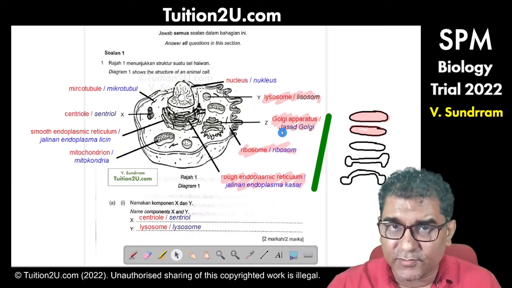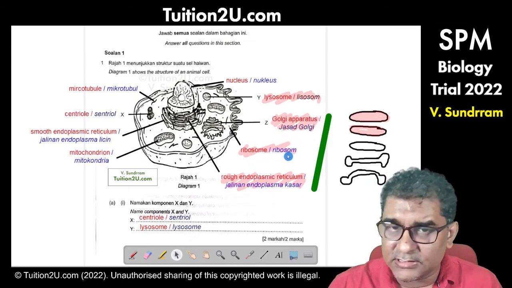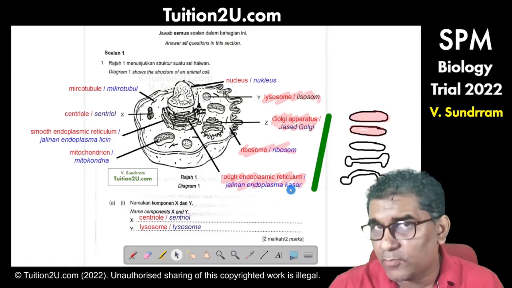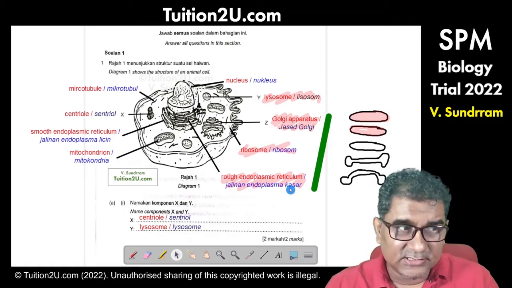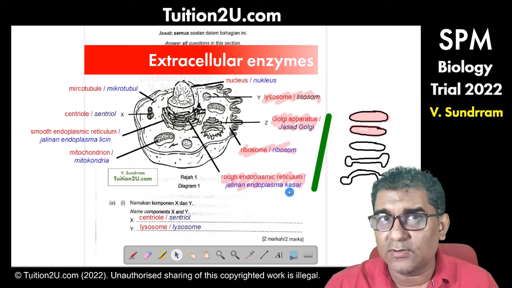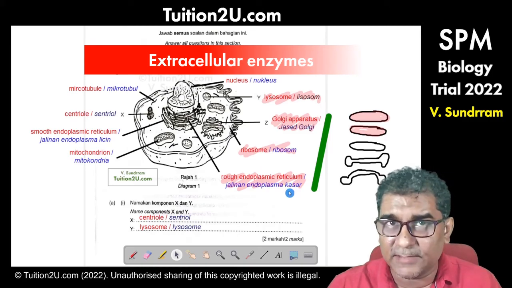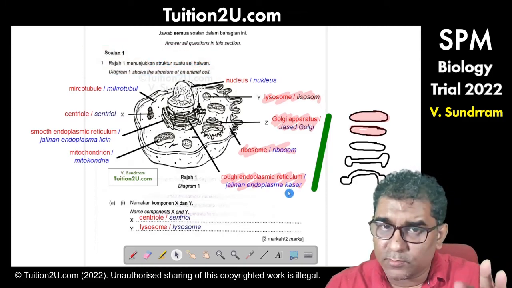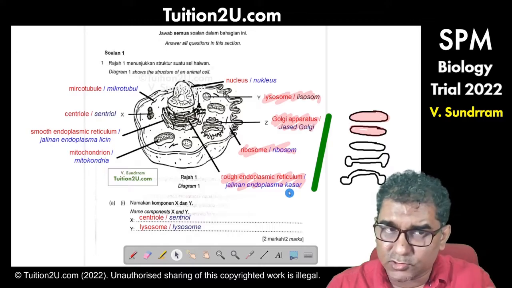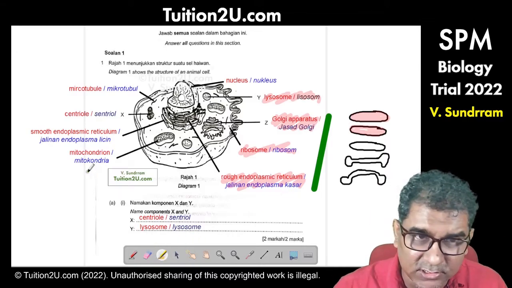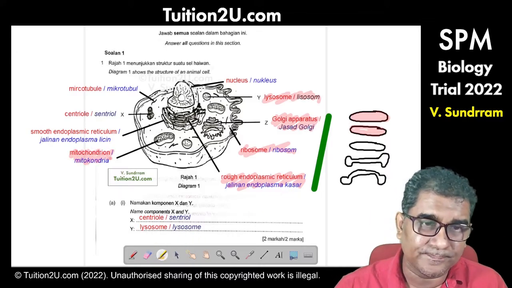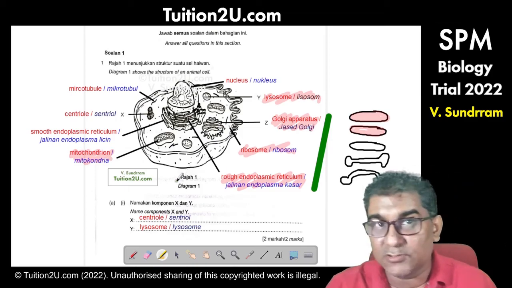Normally the question for them is something to do with extracellular enzyme, quite famous for exam. So lysosome, Golgi apparatus, ribosome, rough endoplasmic reticulum, mitochondrion, these are the famous ones.